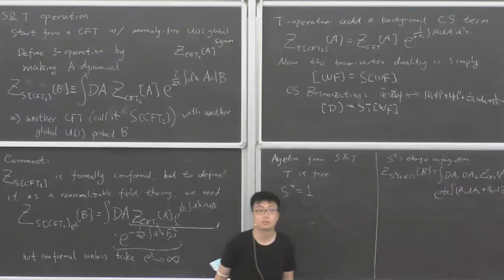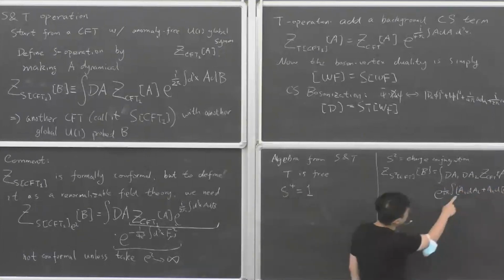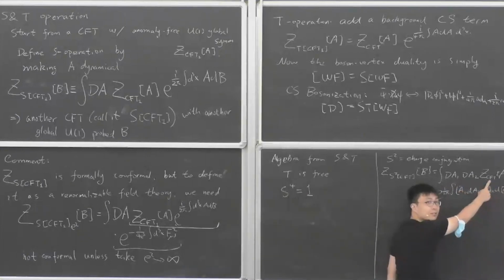Notice that A1 doesn't talk to the other dynamical degrees of freedom. It only talks to A2 and B. So integrating out A1 just gives you a delta function, right?